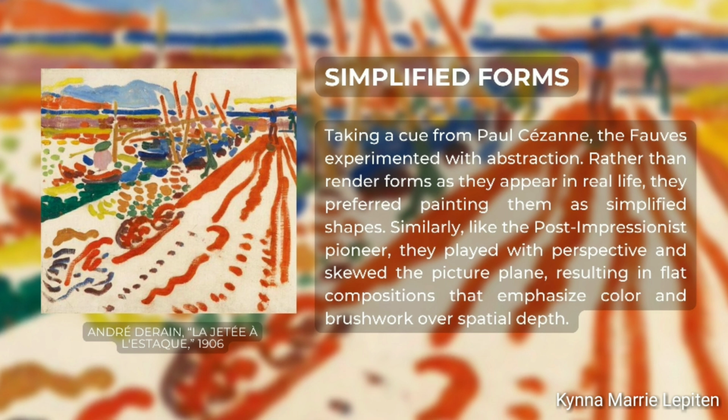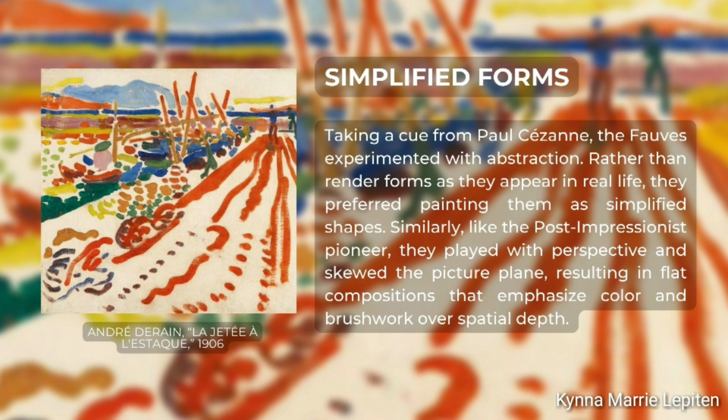Lastly, the third characteristic is simplified forms. Taking a cue from Paul Cézanne, the Fauves experimented with abstraction. Rather than render forms as they appear in real life, they preferred painting them as simplified shapes.